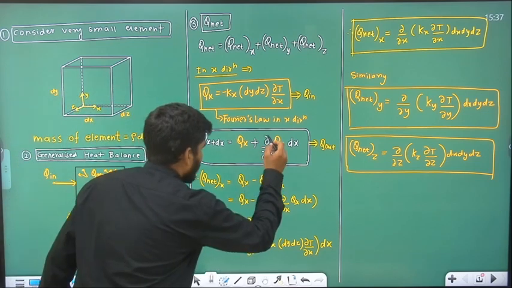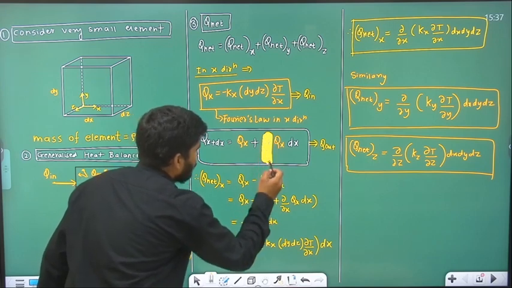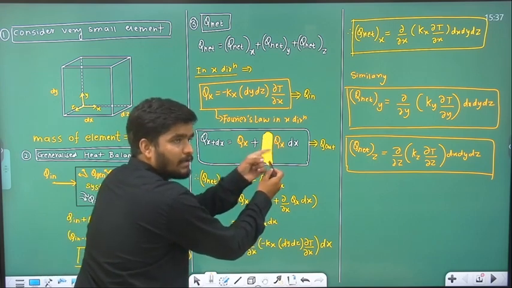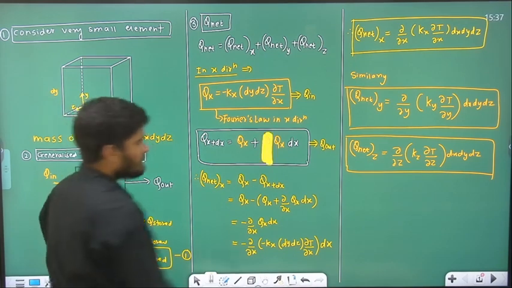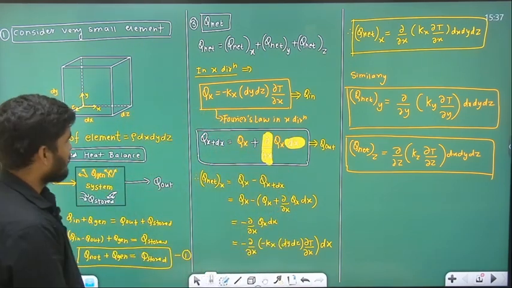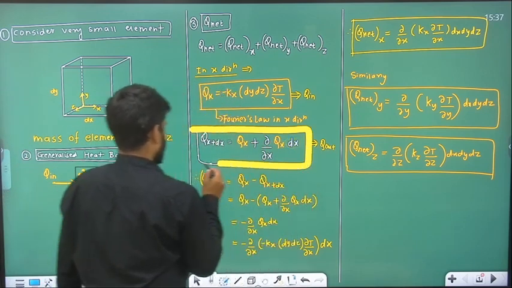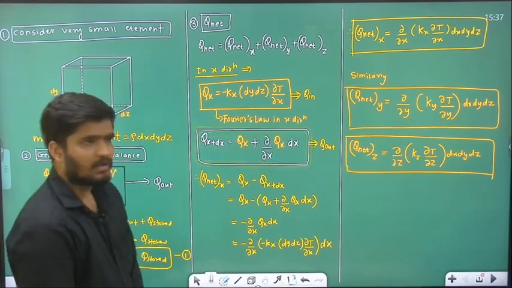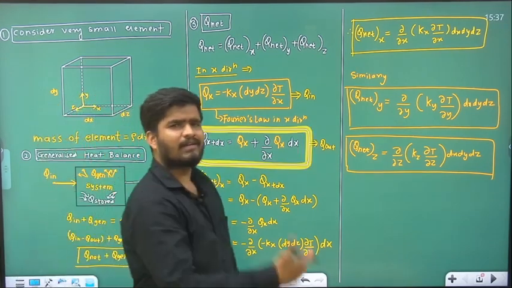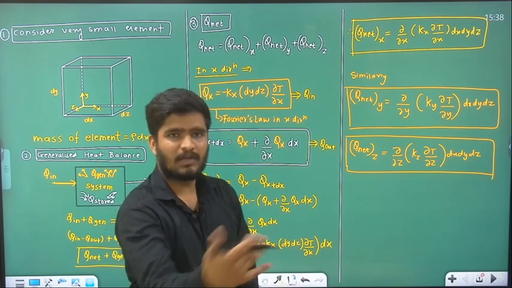See, this dx is indicating change in heat, for how much distance? For dx distance. So in this way we have written the expression for Qx plus dx. Similarly, we can write for Qy plus dy and Qz plus dz.